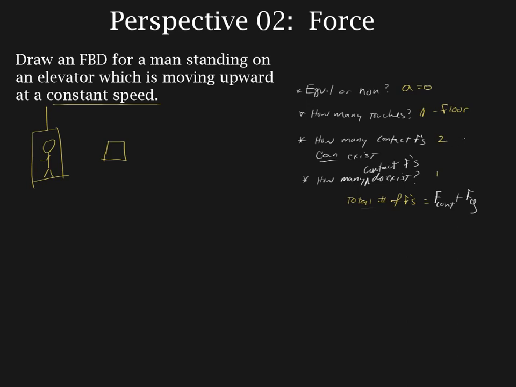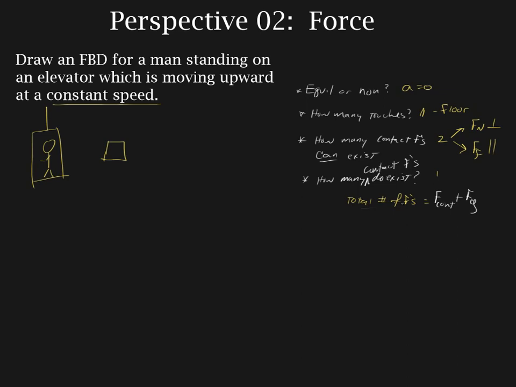Remember that we can have the normal force, which is perpendicular to the surface, and then we have the force of friction, which is parallel to the surface. But because there's nothing that would cause this man to begin to slide parallel to the floor, the friction force does not exist. It is always going to exist in response to another force.